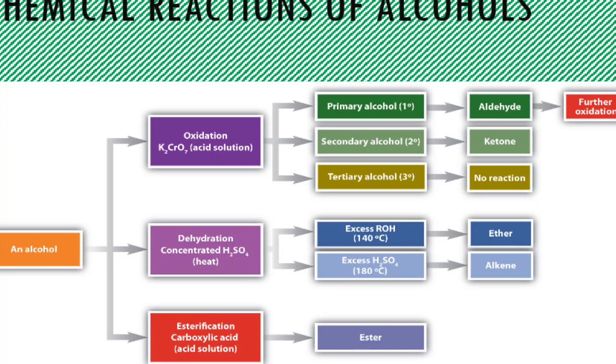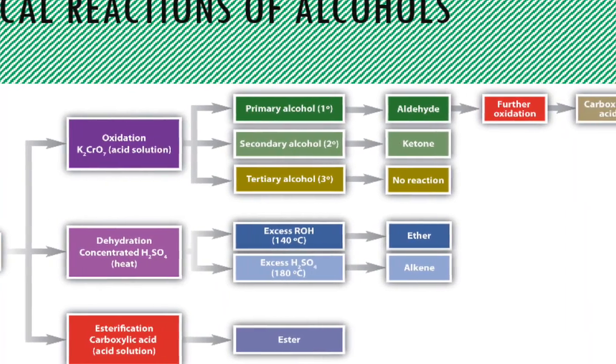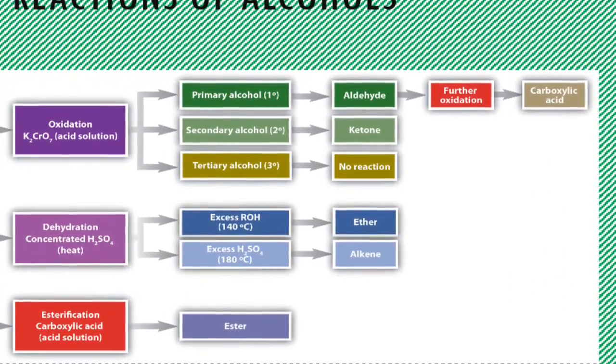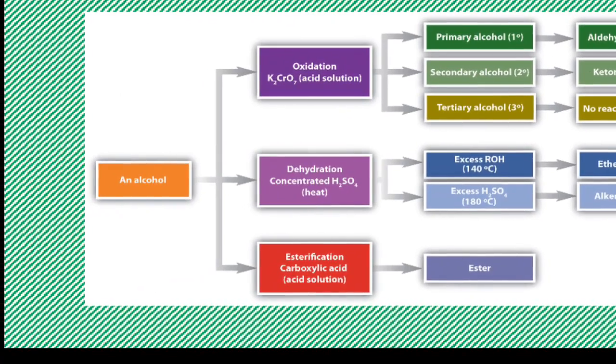If you are taking the secondary alcohol, you will get the corresponding ketone, and if you are taking the tertiary alcohol, no such reaction takes place with acidified potassium dichromate solution. Further, the primary alcohol which we have converted into aldehyde, if you carry out the oxidation further, this aldehyde will change into the carboxylic acid.